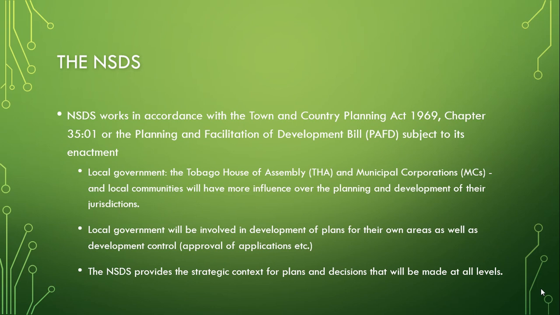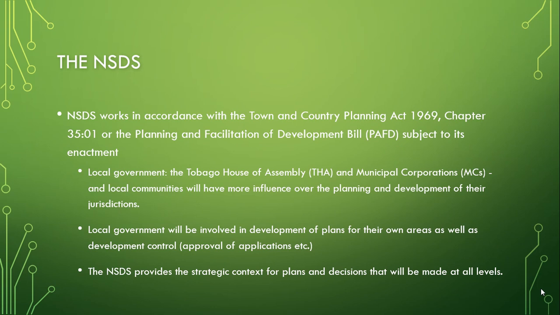But for the implementation to take place, it must happen at the local levels. So each local jurisdiction must have a customized development plan for their municipal corporation. And these localized plans must fit into the larger requirements of the NSDS.